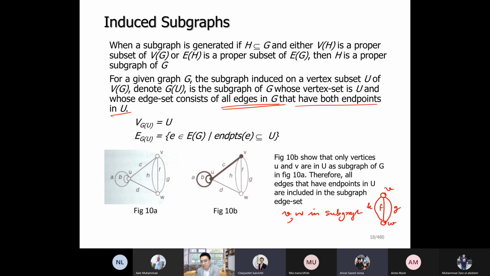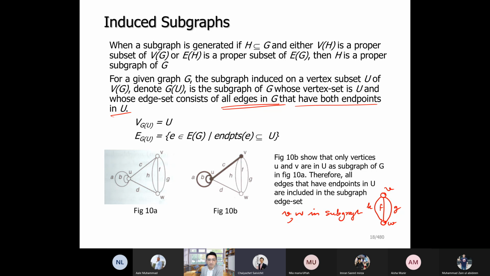Okay, sorry, Imran, you said that UVW is the same graph, yes. Because if you have U, V, and W in the subgraph, in order to be an induced subgraph, you have to include all the edges, because now this is spanning, right? It spans all vertices in the original graph.